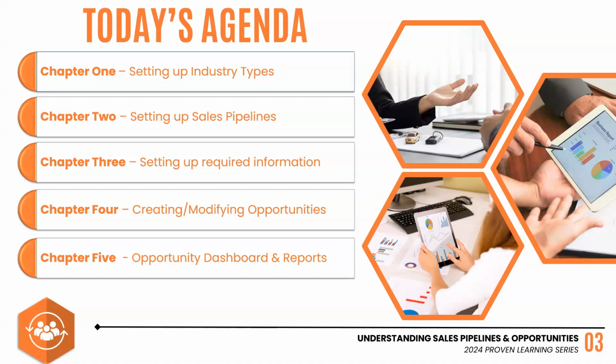Once we have enough opportunities in our sales pipeline, we can start to take a look at our dashboard through sales opportunities, as well as some of the reports that you can generate out of Proven CRM to get a better overview on where our sales opportunities are, and more specifically, how do we segregate these between our salespeople, our industry types, as well as being able to move them through our pipeline seamlessly. All right, let's get started.